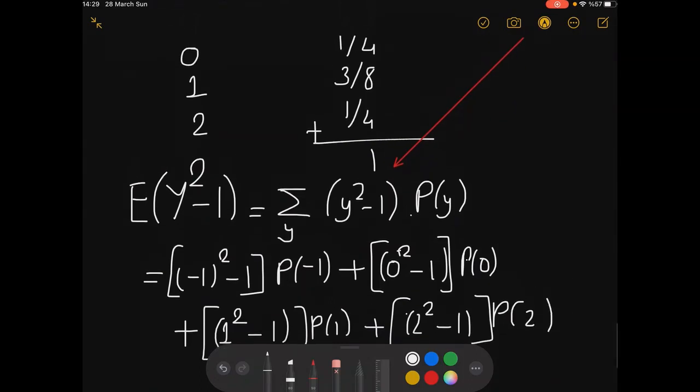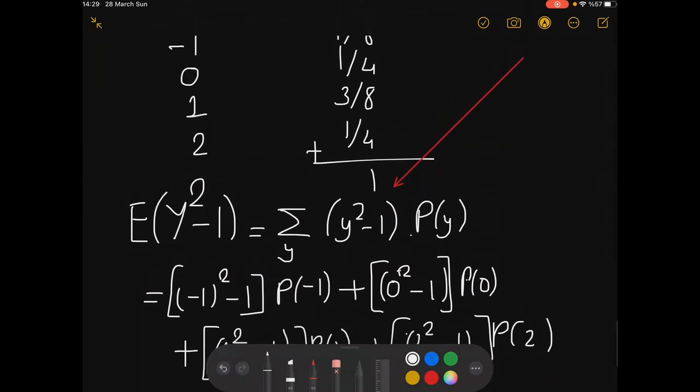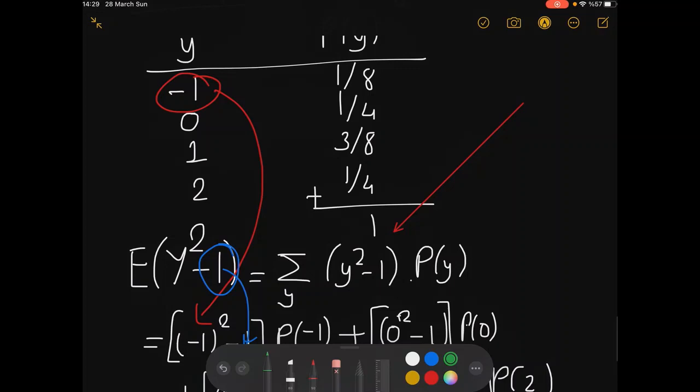Okay, how did we get this? Let me just try to show you. I'm sorry, let me choose another color. This one is coming right here, and this minus 1 is this one, you see, and the probability of x is coming from right here. Great. So that's the idea.